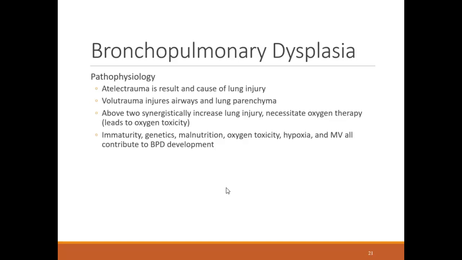The start of this is just like RDS: lung injury and inflammation from too much oxygen, positive pressure, and not enough surfactant is going to cause alterations in lung development. Remember, our lungs continue to develop for 18 months after birth. A lot of alveolar development happens after birth. If we are injuring those alveoli as they're developing with a lot of positive pressure or oxygen, babies can develop BPD.